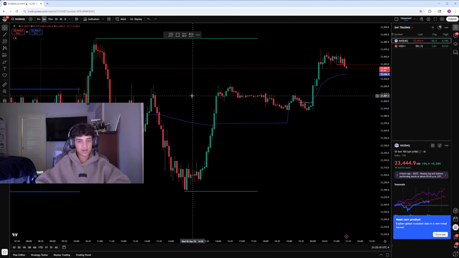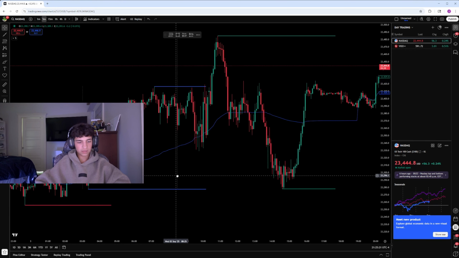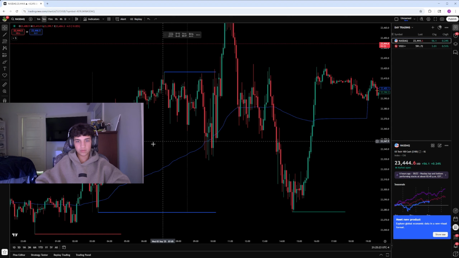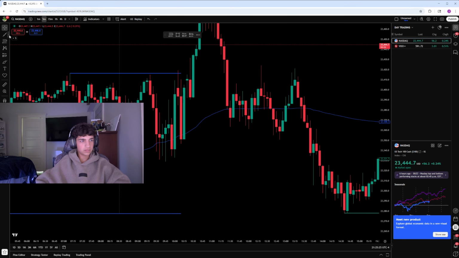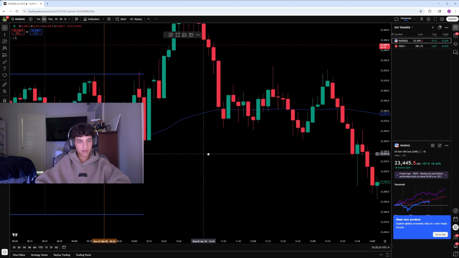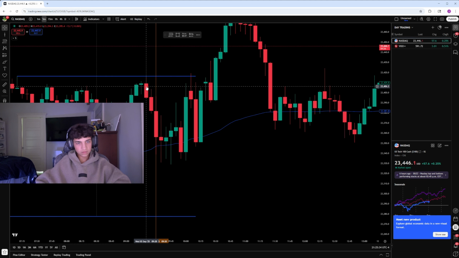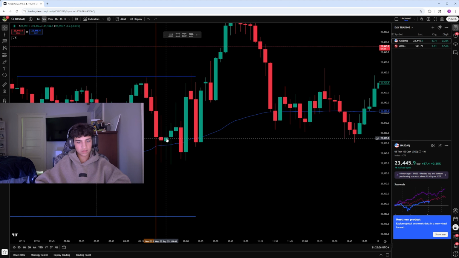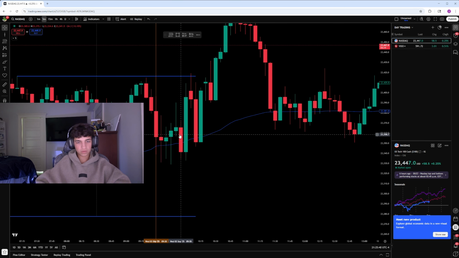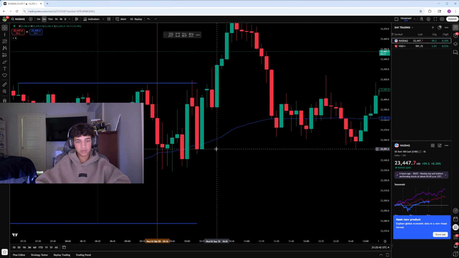So here we have some 5-minute candles. We'll just look at market open today. Market open today was at 9:30 right here. As you can see, up candles or down candles are signified by green or red, or bullish and bearish.